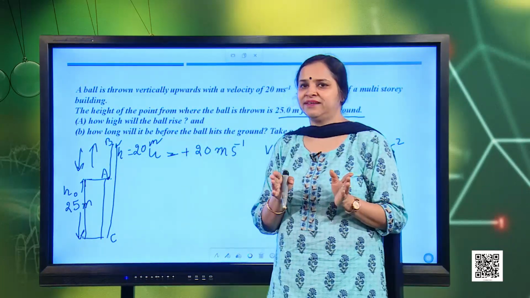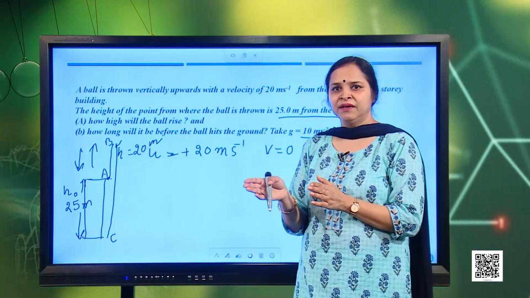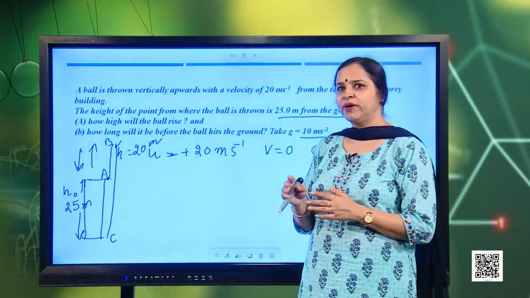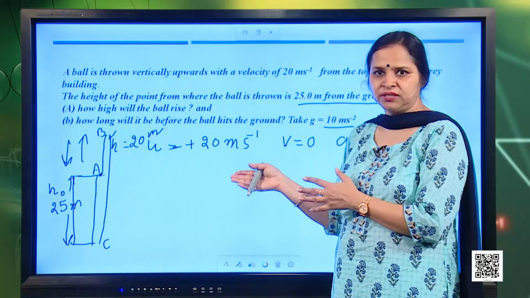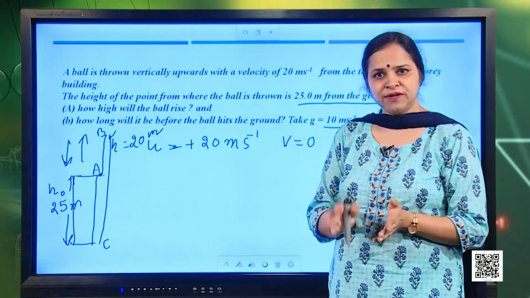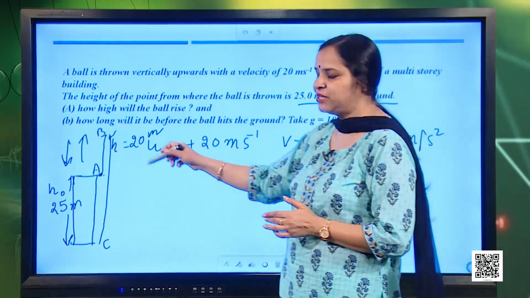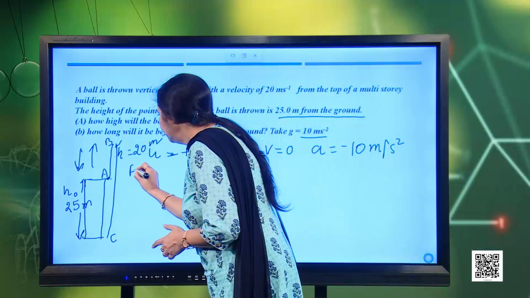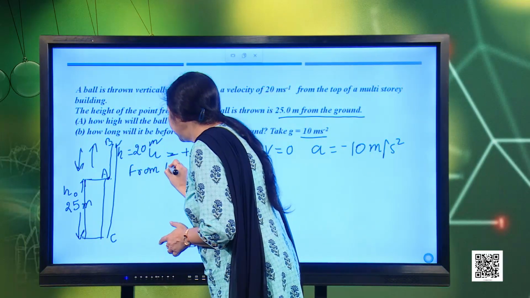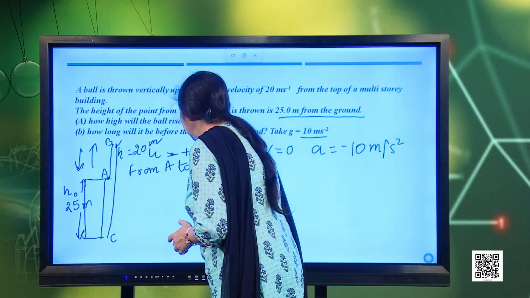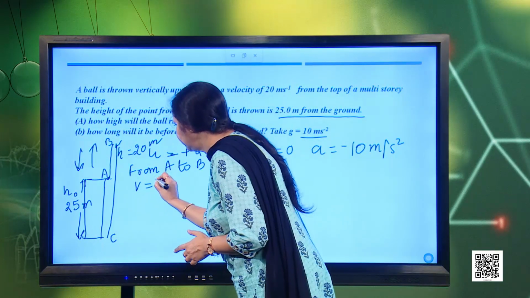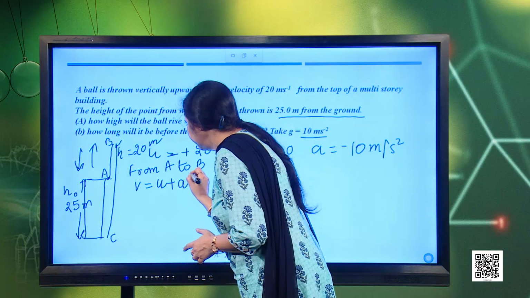So, there are two methods of finding out the total time. Let us discuss the first method. According to this method, we are going to divide this entire motion into two slots. In the first slot, we discuss the motion from A to B, then from B to C. First, the motion from A to B: we can simply use the equation v is equal to u plus at.